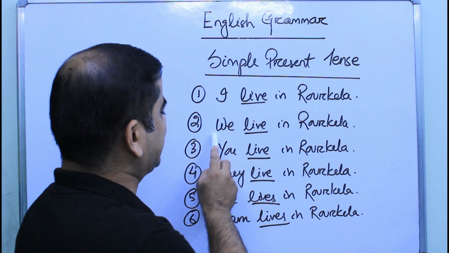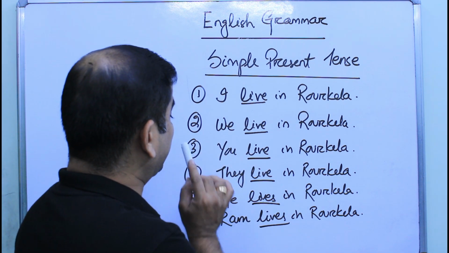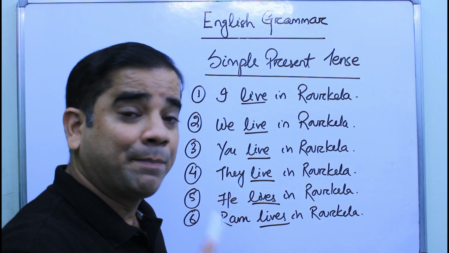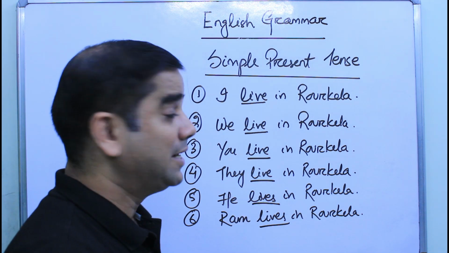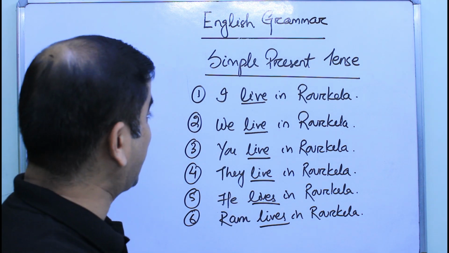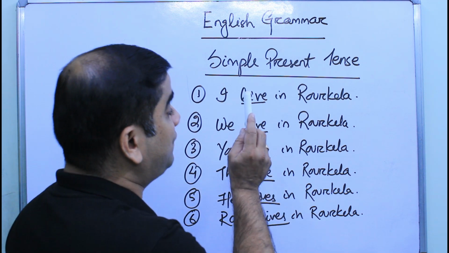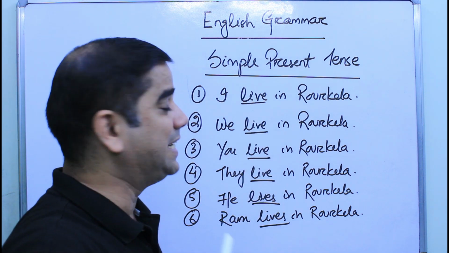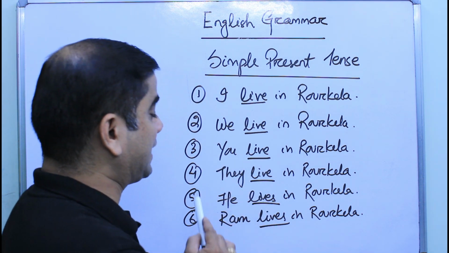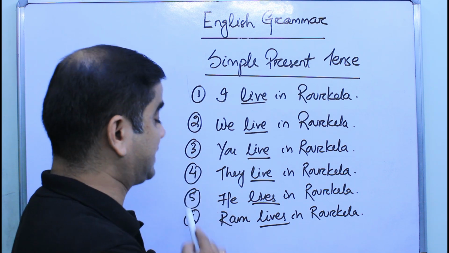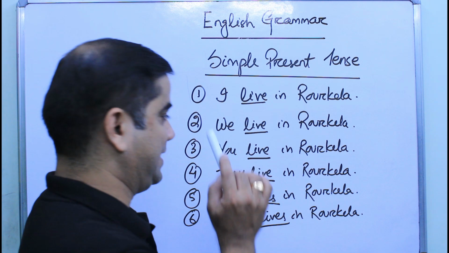In the second sentence it is we, which is first person plural. In the third sentence it is second person. In the fourth sentence it is third person plural. Students, just look carefully that in the first 4 sentences the main verb leave doesn't change its form, but in the last 2 sentences, that is sentence number 5 and 6, the form of the verb leave has changed.